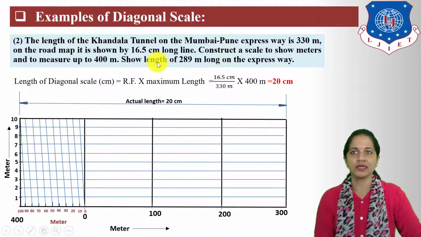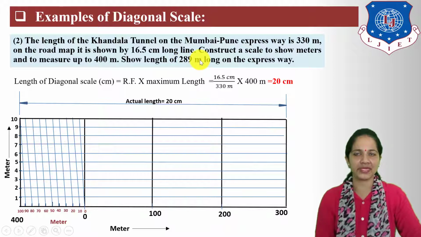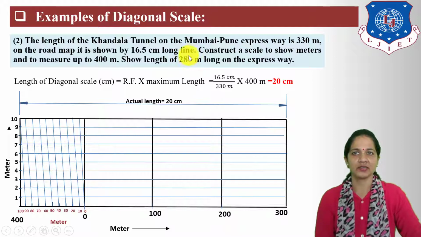Now here we show a length of 289 meter. So the ones part of meter is 9, the tens part of meter is 80 and the hundreds part of meter is 2. So first select the 9 ones meter line.